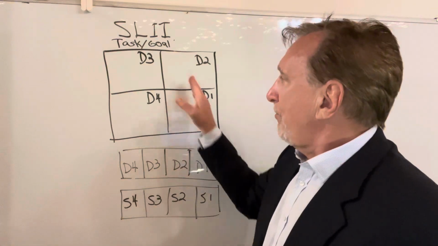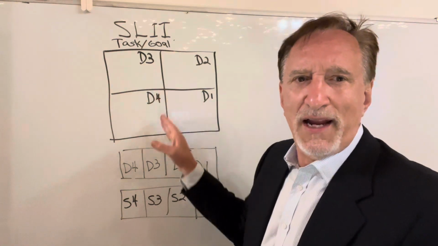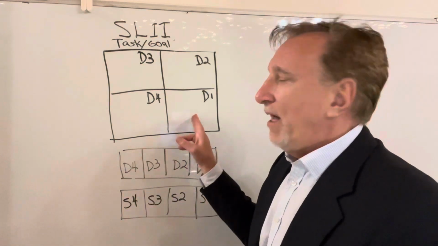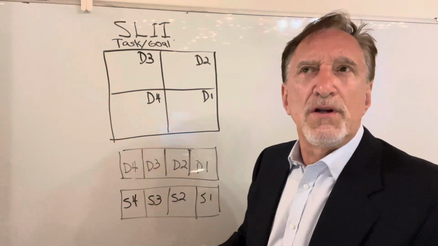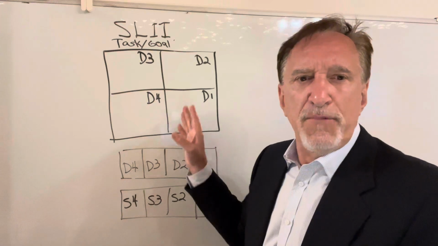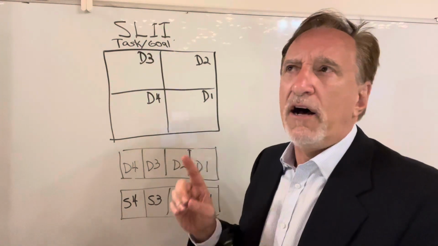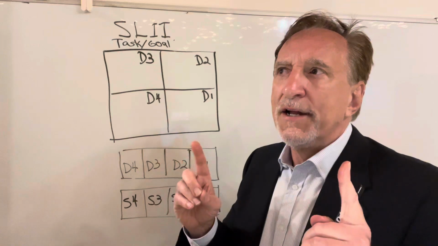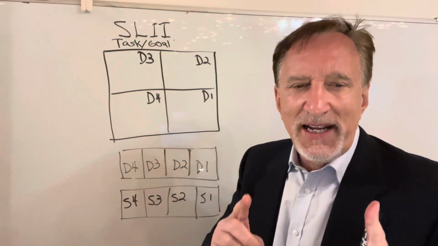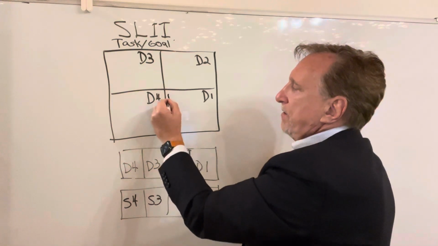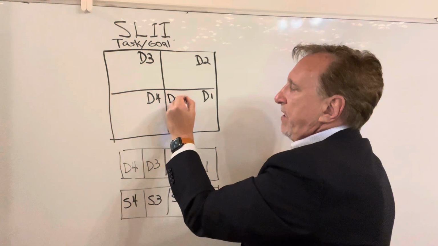Now, let's go through these quadrants as much as I can. I'm going to watch the clock. I may have to do this in two versions. At different levels, what the person needs from you as a leader, based upon the goal or task, is direction. They need instructions.